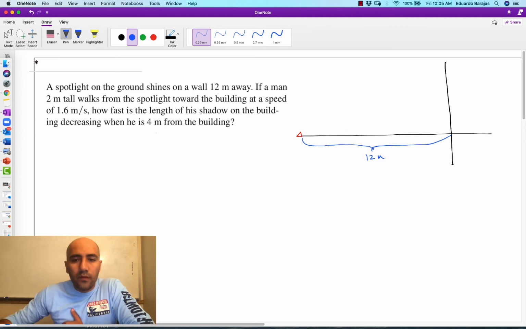away from the wall. And then a man that is 2 meters tall, let's make the man in green, a green man, 2 meters tall, walks from the spotlight toward the building. So let's say here's the man. And his height's going to be fixed as well, so that sounds like a fixed height. Let's make that 2 meters.